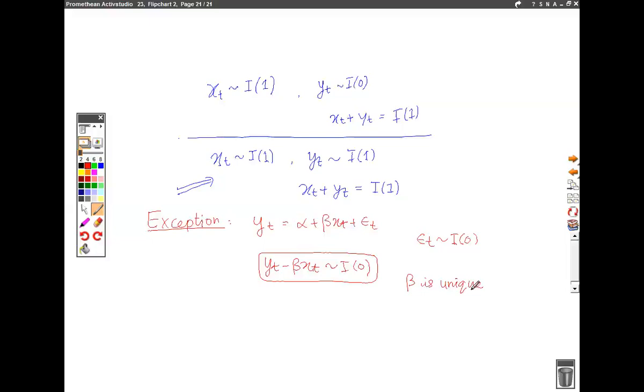And that is why, if you have these two series, my YT and my XT, which are I(1) initially, but there exists some combination of YT and XT which gives me a stationary process, then such time series are known as co-integrated time series.